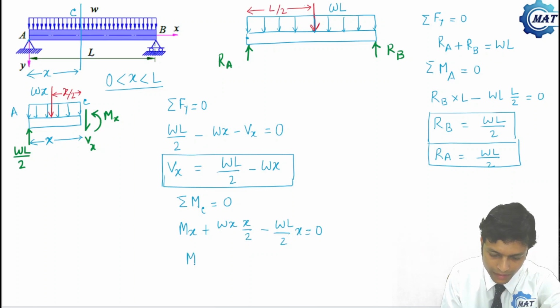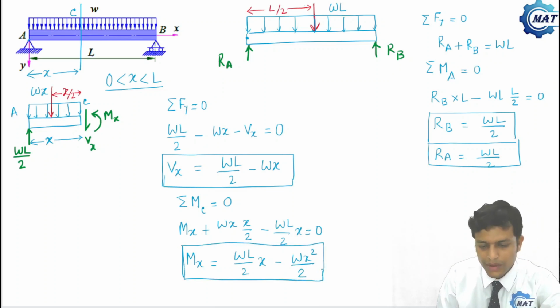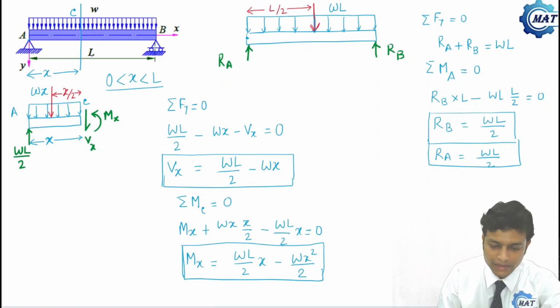That is, Mx becomes wL by 2 times x minus wx square by 2. So this is the expression for the bending moment at any distance x.